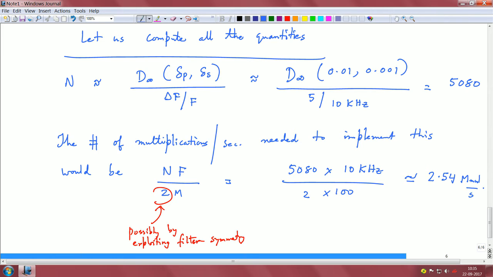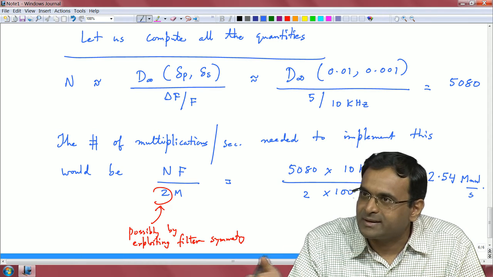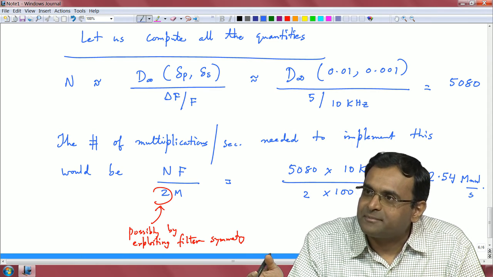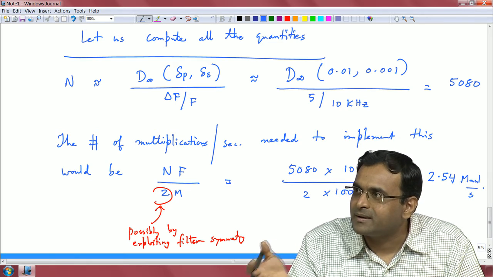You are burning, and you just compute with your circuit elements what it would take to burn this much power per second. It is a lot. So, you are wasting power because your multiplications are huge. Second, you have to consume a lot of area if you were to put this into silicon, right, because the filter order is huge and you have to basically have all those taps stored, and then what about leakage and many other factors that you have to bring in, right.